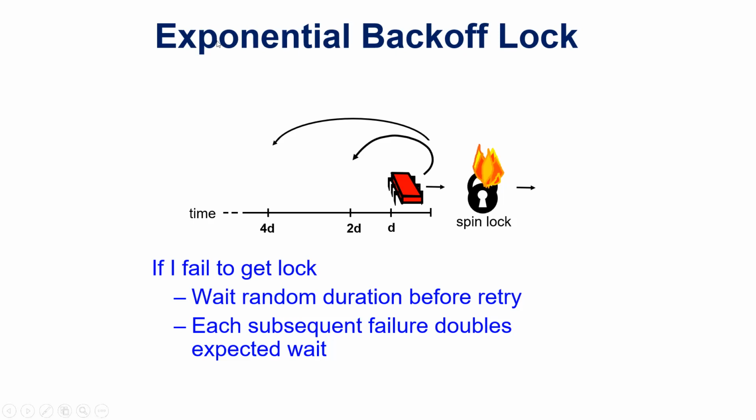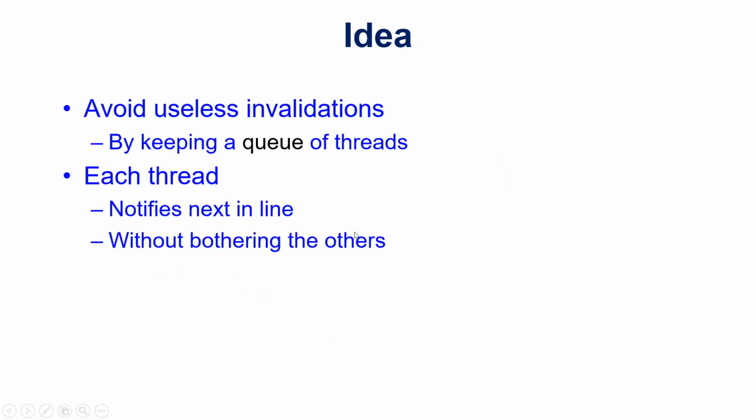So in order to avoid that problem and the contention problem, we go with new locks called Q locks. In order to overcome the fairness problem in the test and set, test and test and set, and exponential backoff locks, we maintain the threads in a queue.